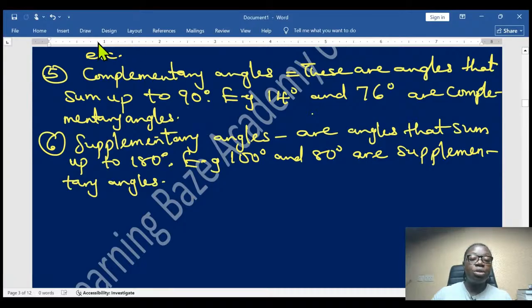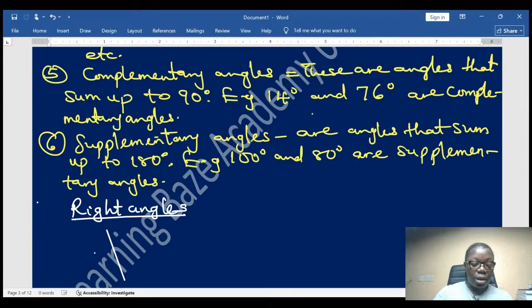So I'm going to be drawing those angles so that you can easily identify them. So this is a right angle, or these are right angles.